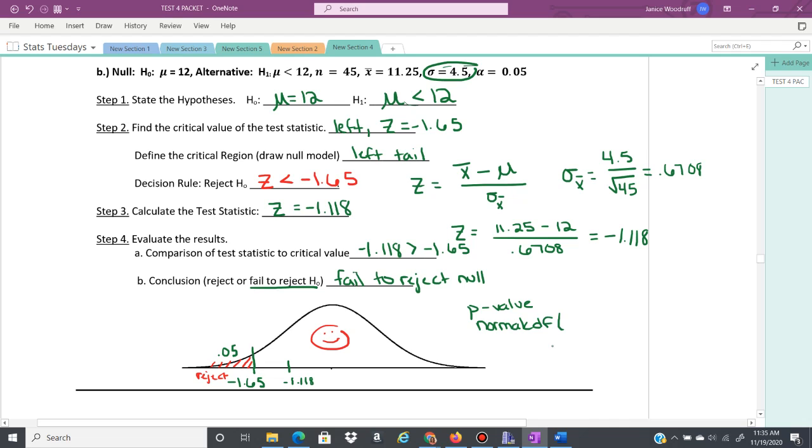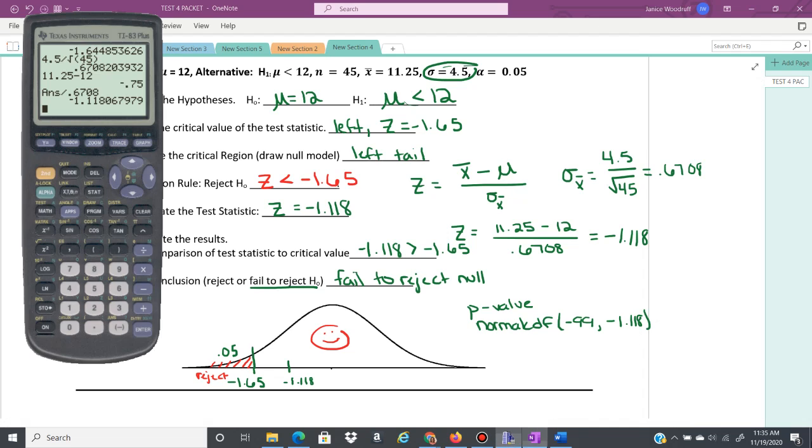When it's on the left, we do negative 99 for the lower limit, and then negative 1.118.